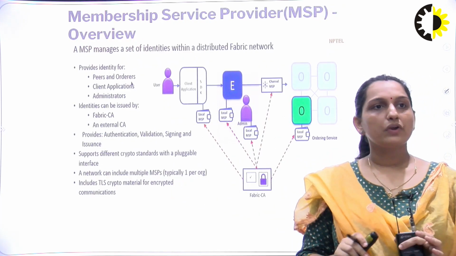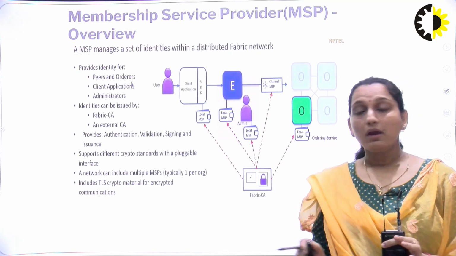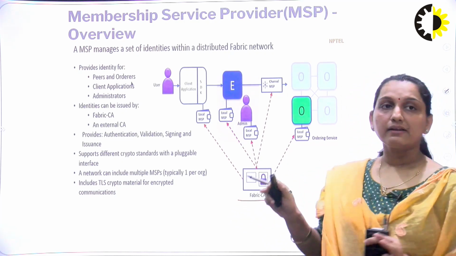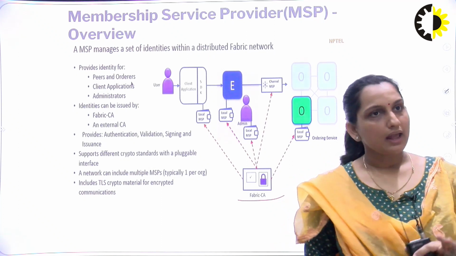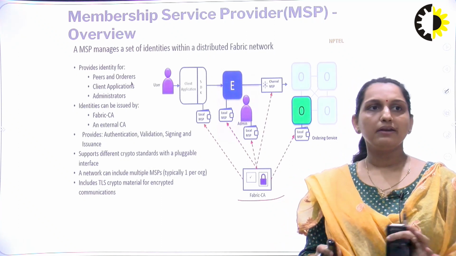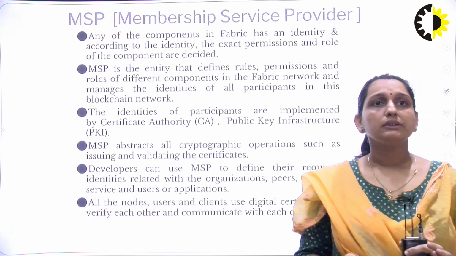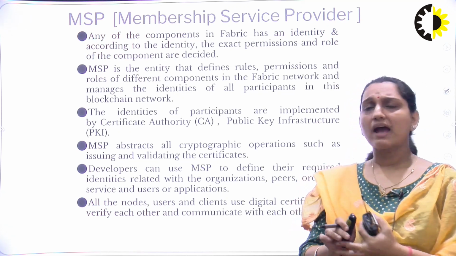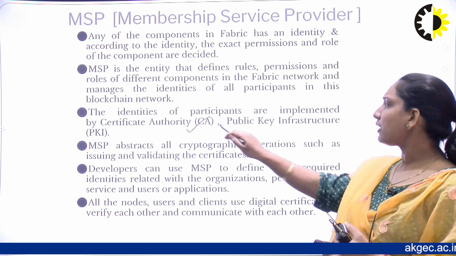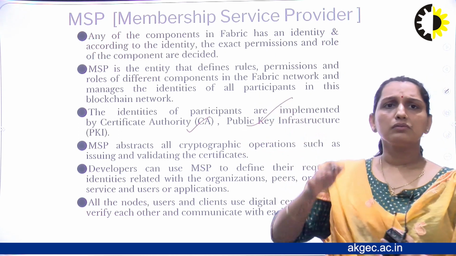So this is an overview of how we use it, or by using Fabric CA, a consortium provider, external as well as internal. With a membership provider, we have a certificate and public key infrastructure.